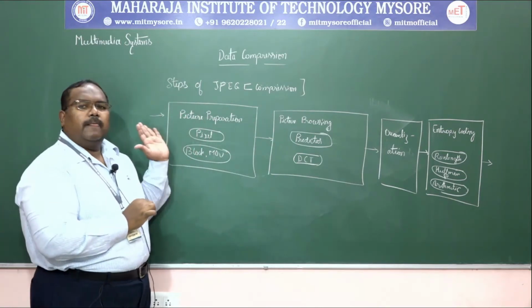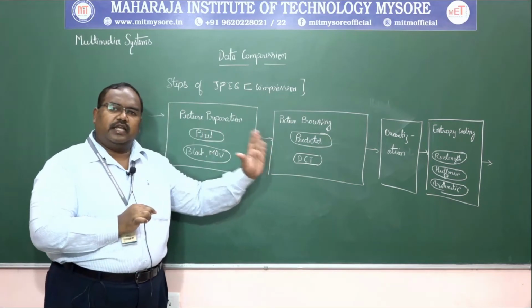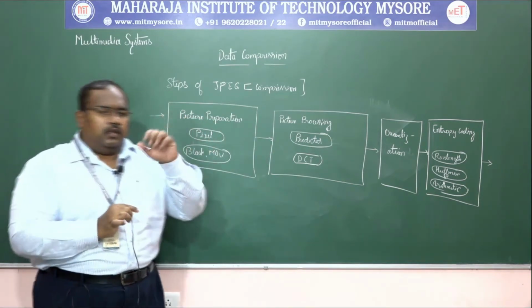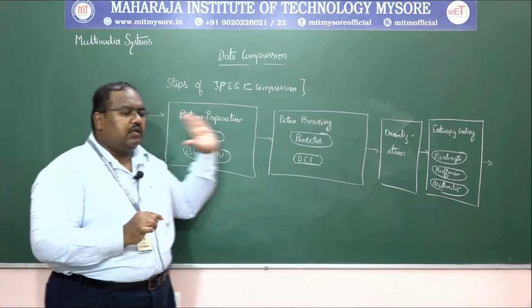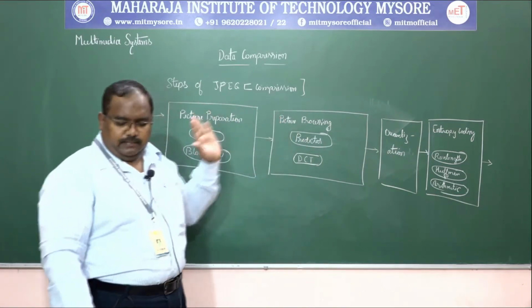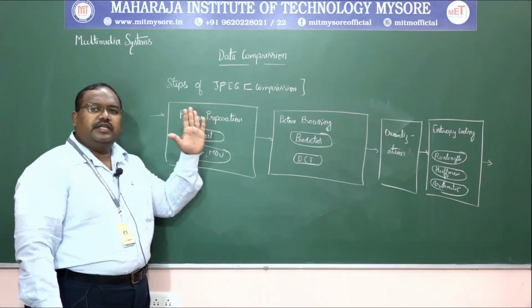So this is the basic step of a JPEG compression technique, or we can call it a summary of the different compression modes of a JPEG image. This is the important thing that needs to be considered.